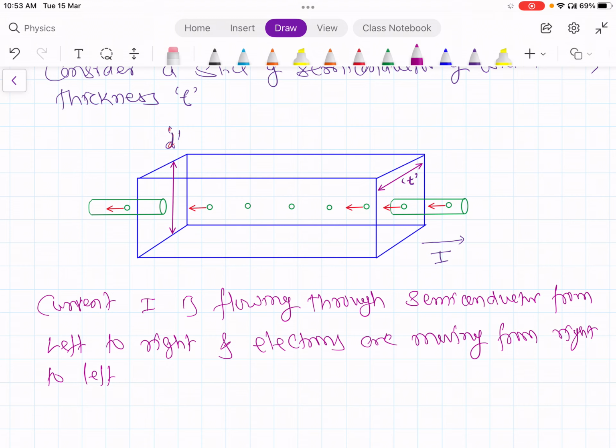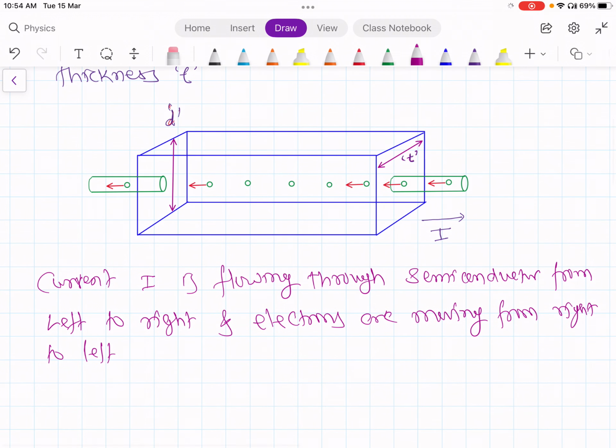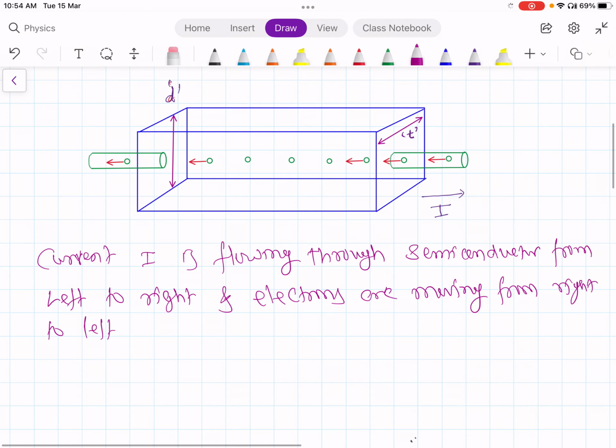There is no magnetic field applied here. Only the current I is flowing through the semiconductor, and this flow of electrons is parallel to the top and bottom surface of the semiconductor.